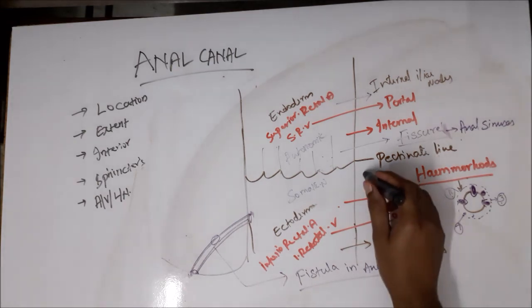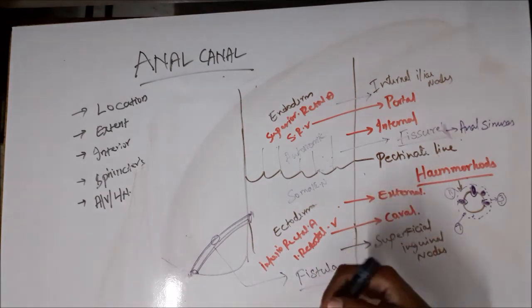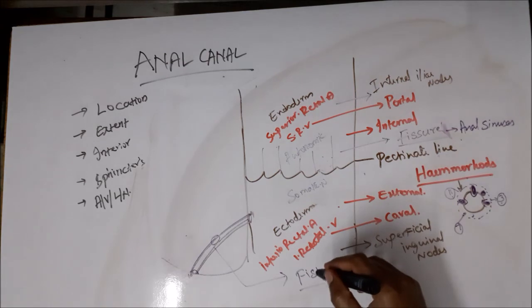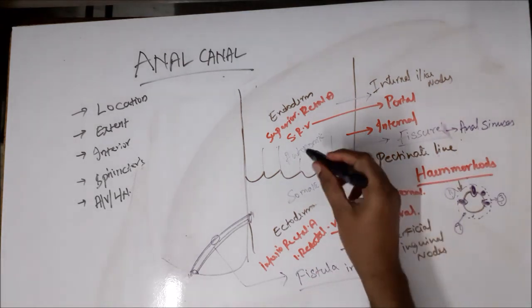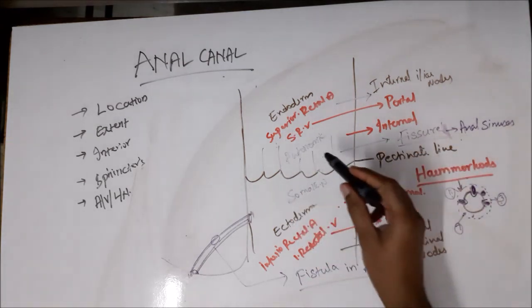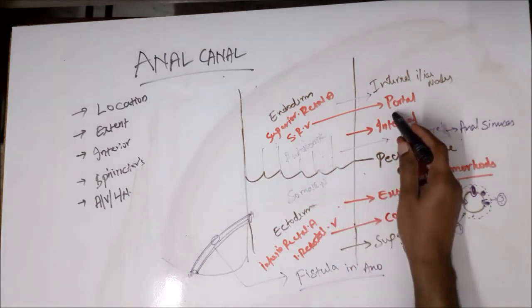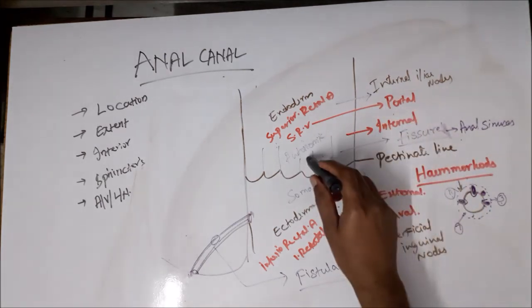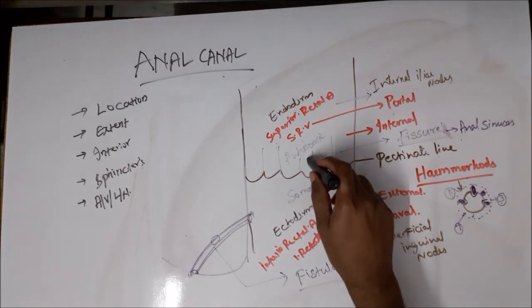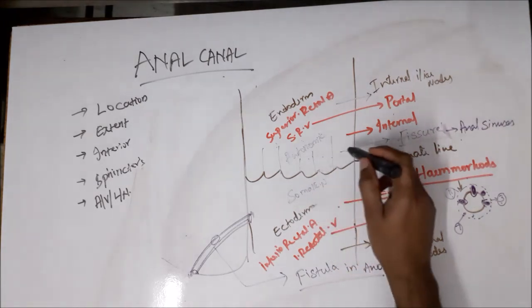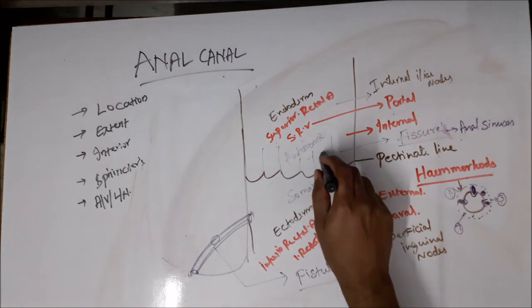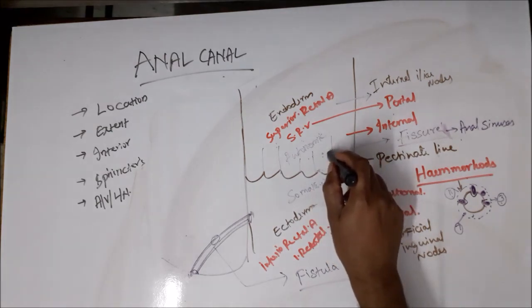So the pectinate line is called the watershed line. Why? Because above we have one set of features, and below we have a different set. Above the pectinate line, arterial supply is by the superior rectal artery, venous drainage is by the superior rectal vein, which is a tributary of the portal vein, and the nerve supply is by the autonomic nervous system. That's why internal hemorrhoids are painless.